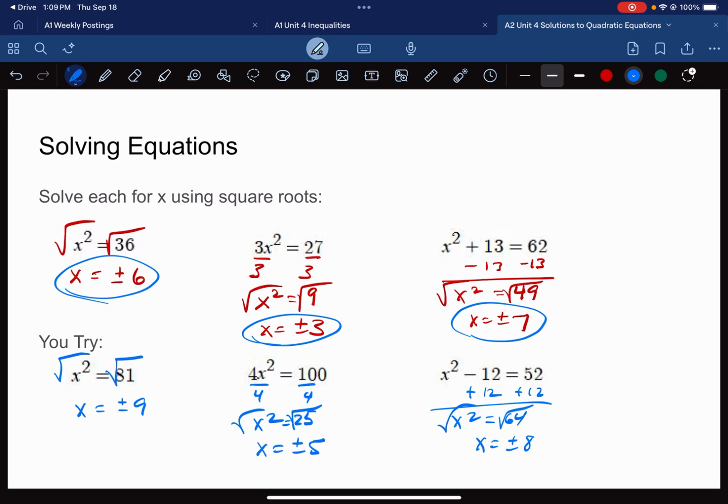Now I want you to notice that the exponent can predict the, I'm sloppy here, so sorry, number of solutions.